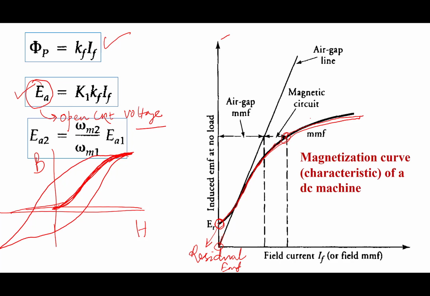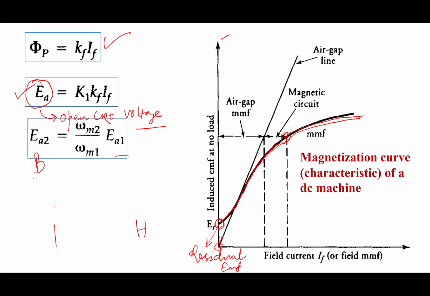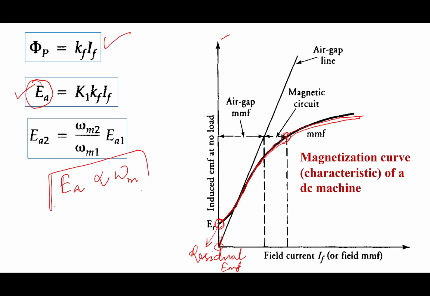Now we can see here that if your flux remains constant at some point, then your speed is proportional to the EMF, right? So EMF is proportional to the speed, and considering this relation we can find EA2 equal to omega M2 by omega M1 into EA1. That means at a different speed we can find a different EMF, right?